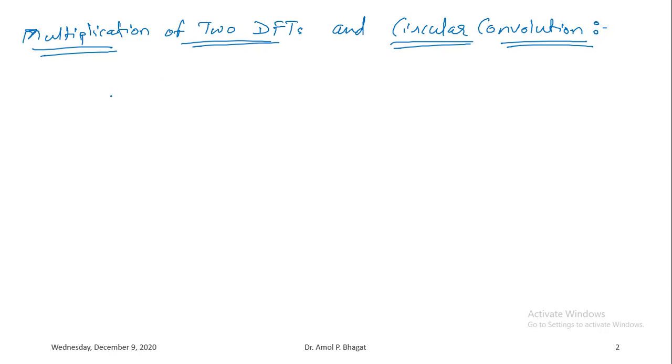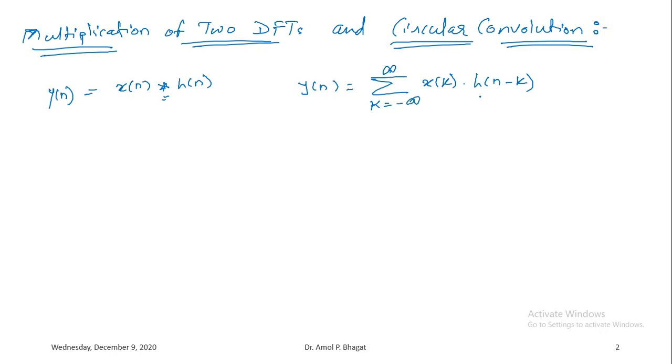The convolution of x of n convolved with h of n is simply represented as y of n, right? The star operator is the convolution operator, and the formula for convolution is simply summation k equals minus infinity to infinity x of k into h of n minus k, where the second sequence is folded initially and then shifted by n samples.